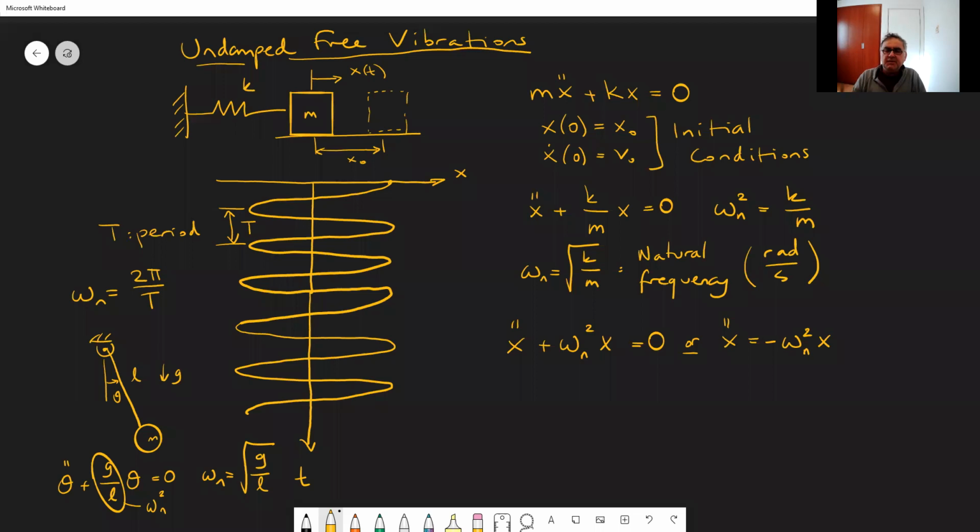We want to find a function x so that its second derivative is equal to itself times a constant, which is minus omega n squared. What kind of functions have this property?